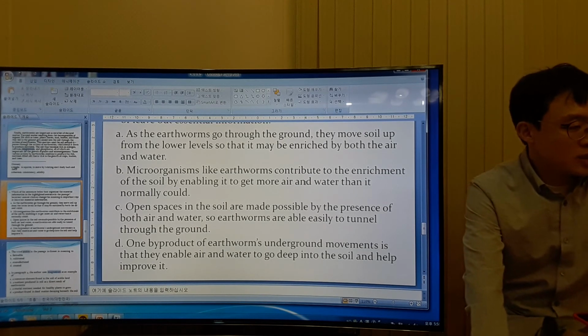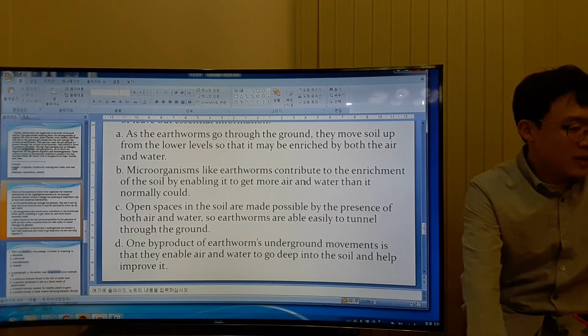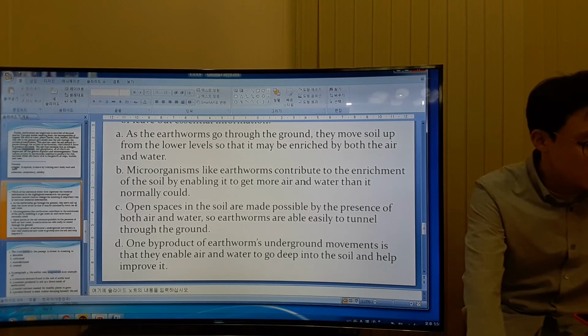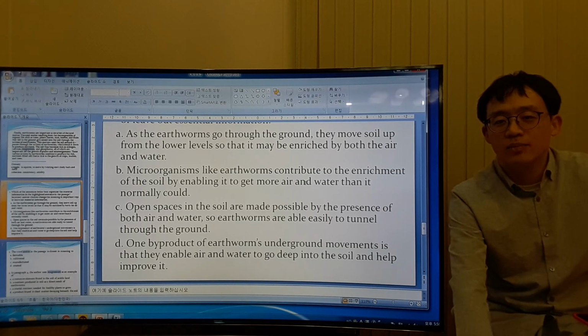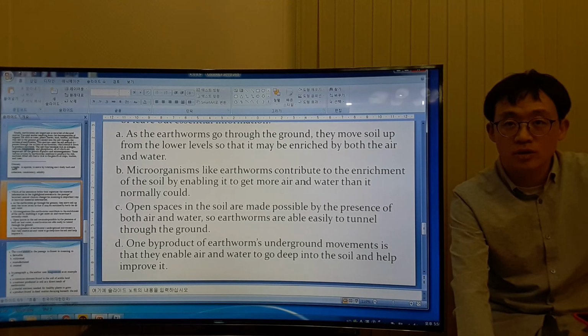One byproduct of earthworms' underground movements is that they make possible the air and water to go deep in the soil and help improve it. What is a byproduct? Byproduct is a product which is produced by manufacturing or processing another product. Do you understand?